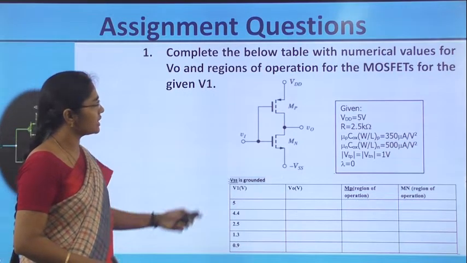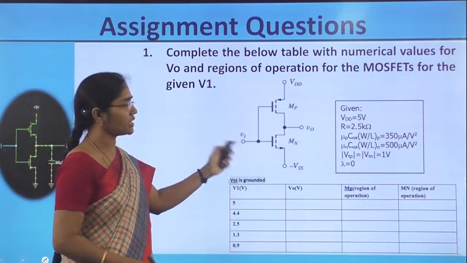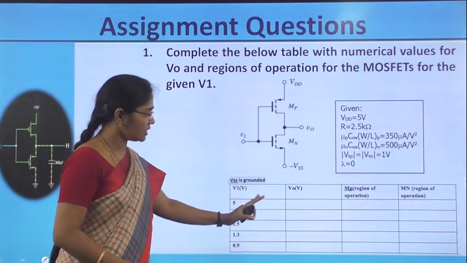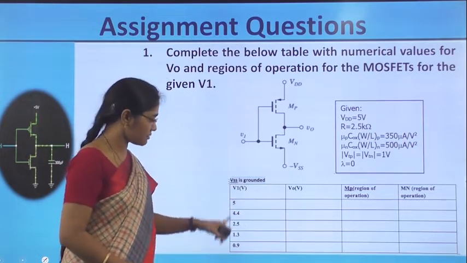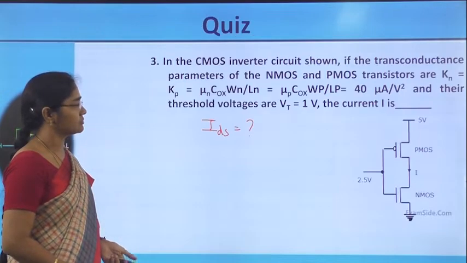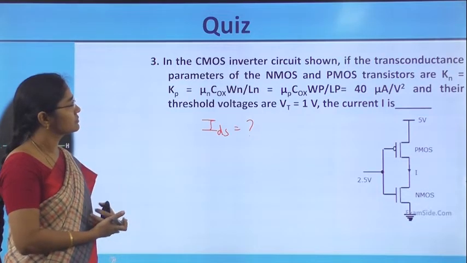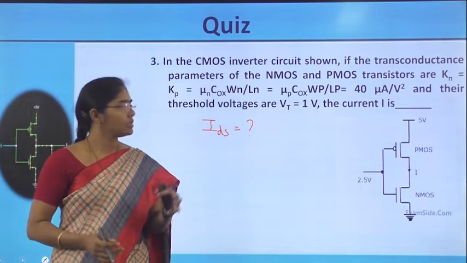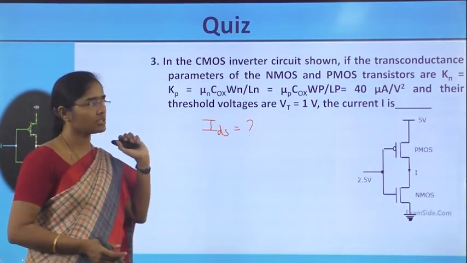That means taking the input value, changing its value from 0 to VDD, that is 5 volts, understand the output value and the mode of operation of NMOS and PMOS by varying the input values. Find the current IDS in this question.